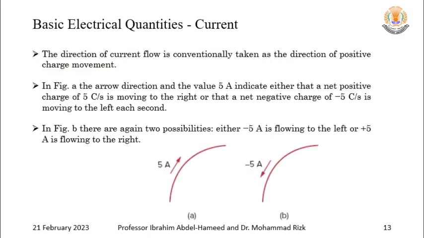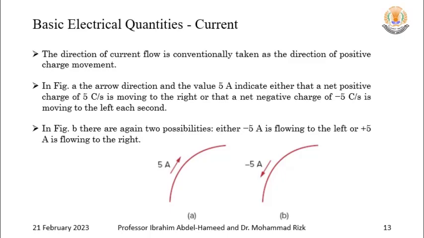You have DC and AC. Regarding the current, we agreed that the current represents the flow of positive charge. But actually electrons move, and holes are left empty, so you feel that holes are moving. Electrons move opposite to the electric field, attracted to the positive.